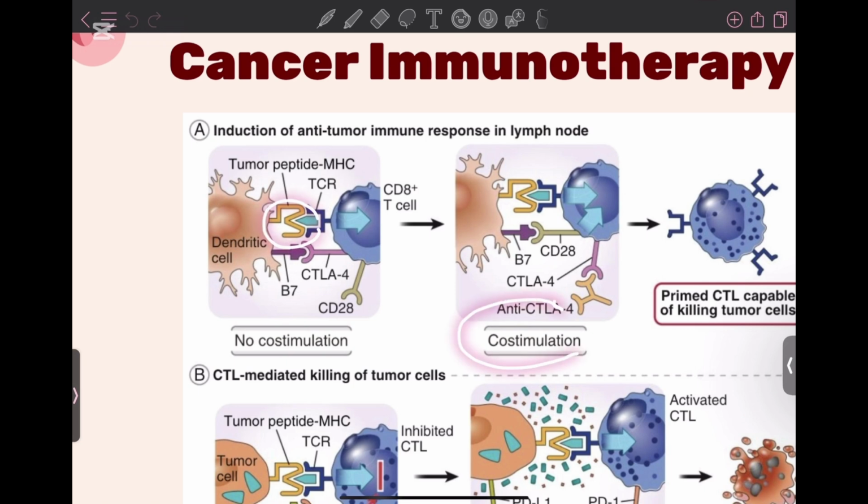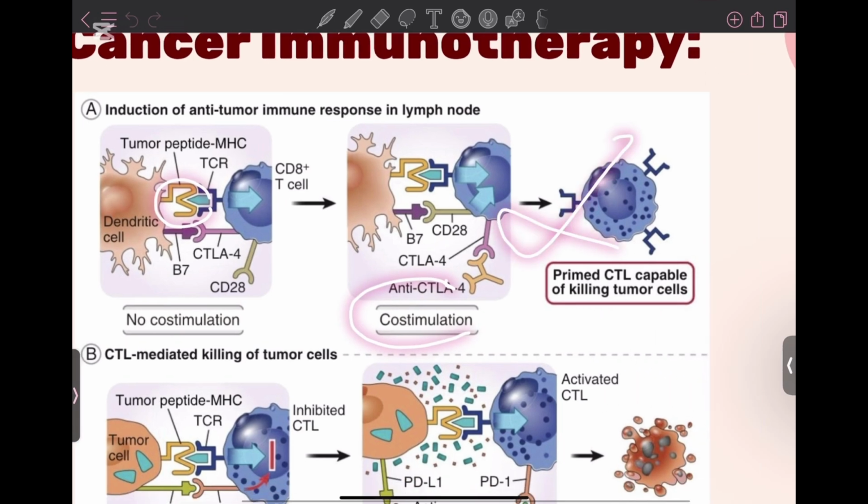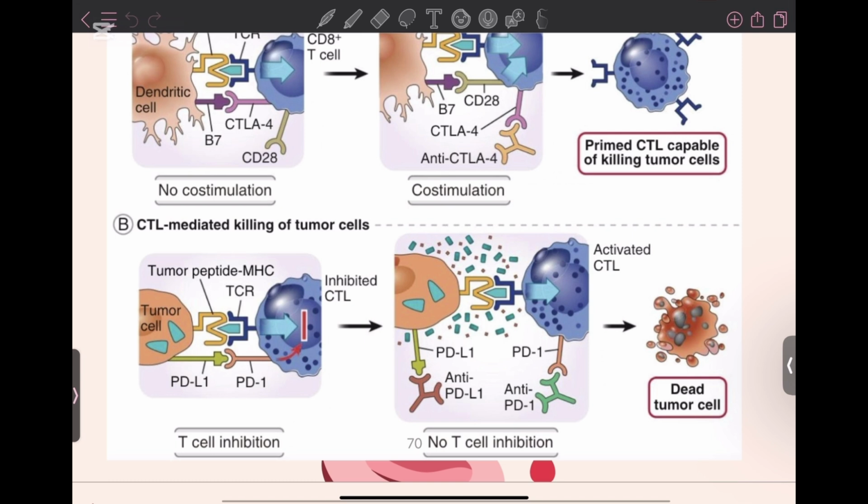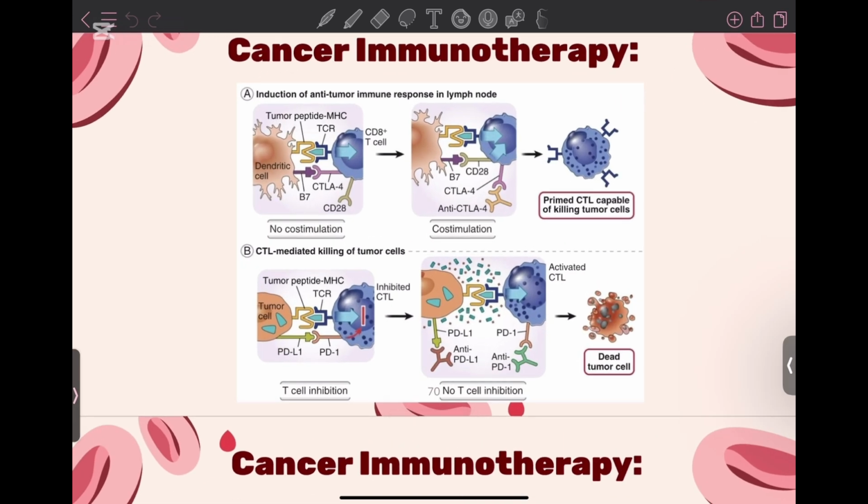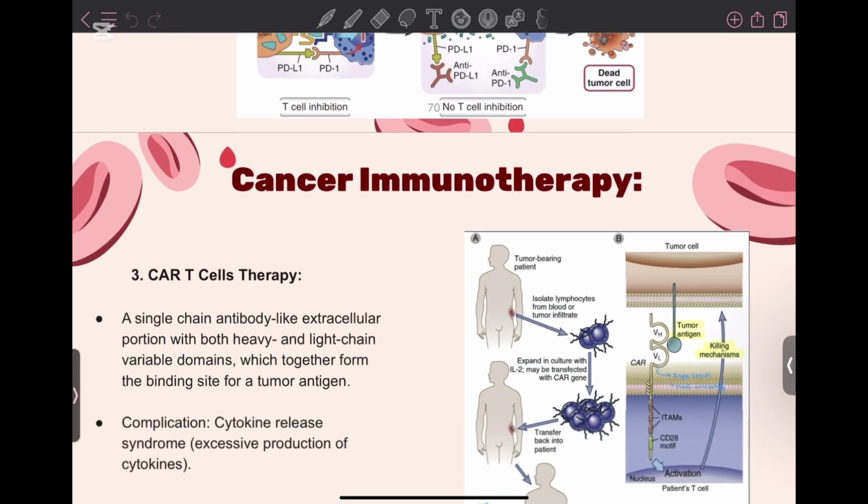Then you have co-stimulation, and they kill the tumor cells. In CTL-mediated killing, it's the same thing, but because of the expression of PD-1 and PD-L1, if you prevent this from happening, you can have the killing of the tumor cells. So in this mechanism, we're just trying to decrease the PD-L1 effect on our T cells.